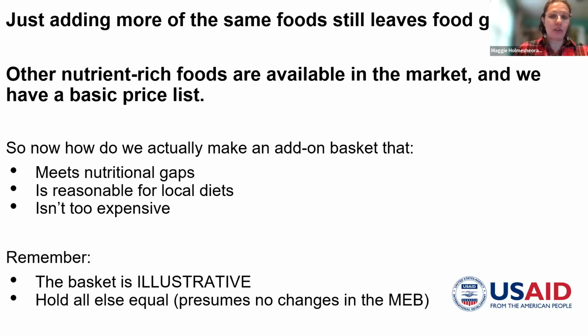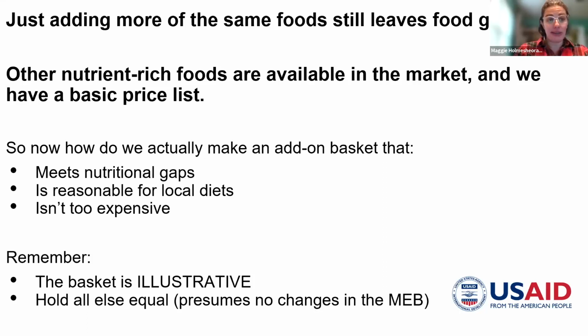So we need to do this remembering that the basket is intended to be illustrative. We're not assuming that everybody is going to buy exactly what we put in the basket, but what we're doing is making a case for what is reasonably affordable in the context given actual availability.